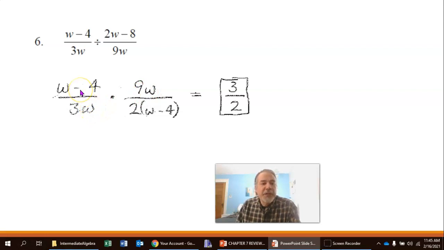And the w minus 4 on top can cancel with the factor of w minus 4 on the bottom. So after all of those cancel, what's left is a 3 on top. Remember, 9 was 3 times 3, and we canceled one of those 3's, so there's still one left on top, over 2 on the bottom. So 3 over 2.